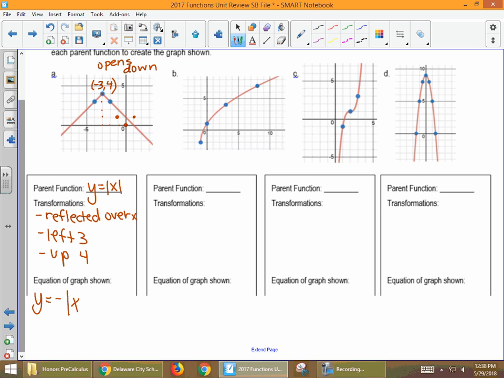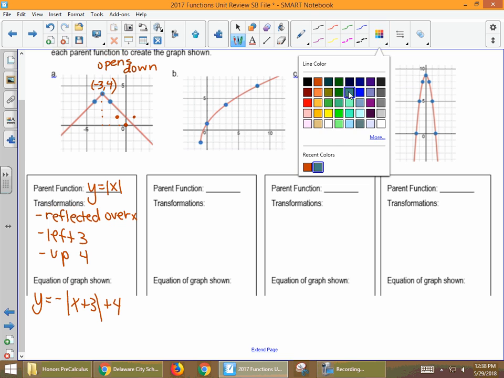Left, we're going to do x plus 3 on the inside. Usually we'd have parentheses, but we have the absolute value sign that acts as parentheses for us. And then up 4 is plus 4. So that's your first graph.